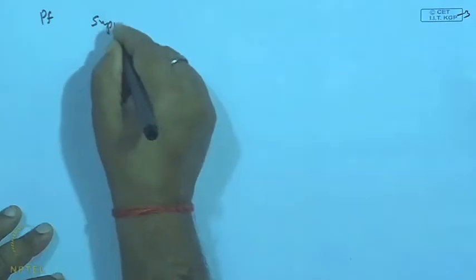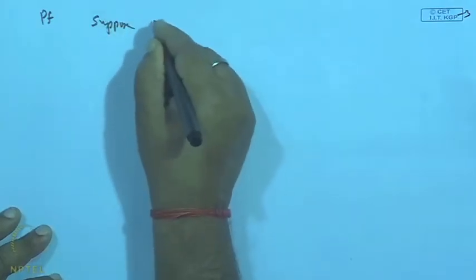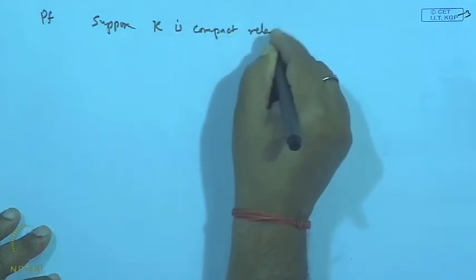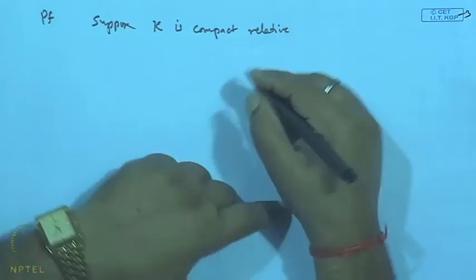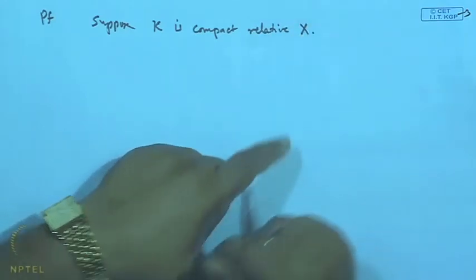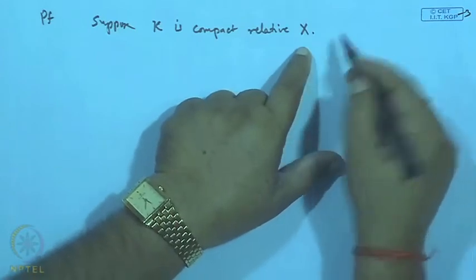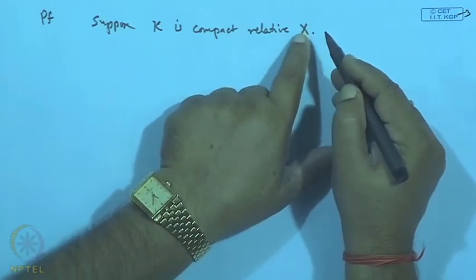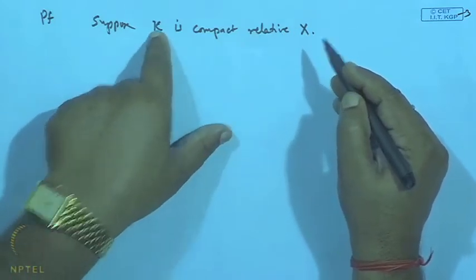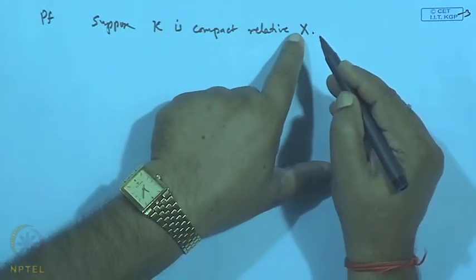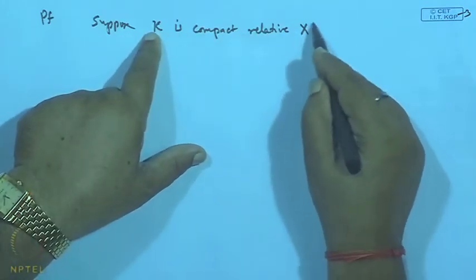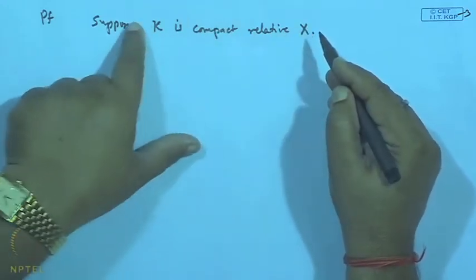So, let us suppose K is compact relative to X. It means if we choose a collection of open sets relative to X whose union covers K, then there will be a finite collection of those open sets which can cover K. Every open cover of K in X will have a finite subcover.